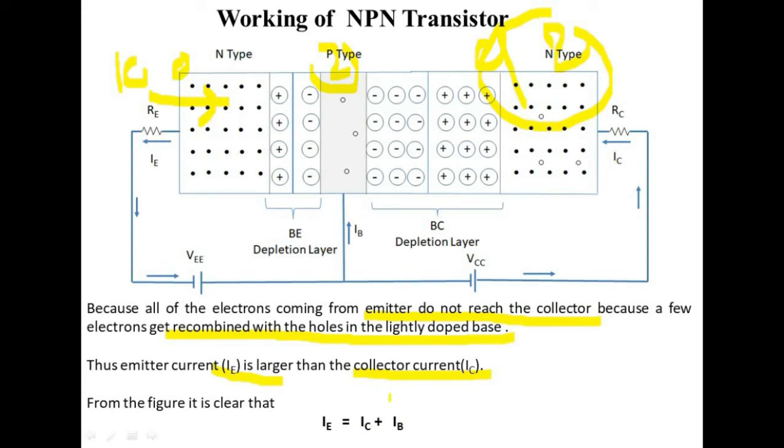I had already told you that this equation holds true irrespective of the type of transistor or configuration. But one thing to notice here is that IE is coming out of the terminal of the transistor, but base current and collector current are going into the transistor.